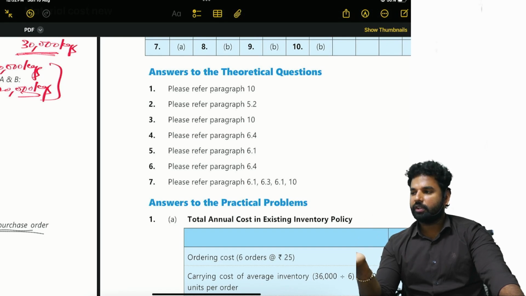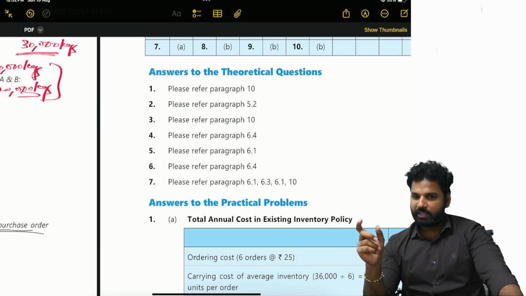After stock outs we have seen ABC analysis. That is nothing but a classification of the inventory, based on the frequency of issues, based on the usage, value, and volume, and based on just the price.